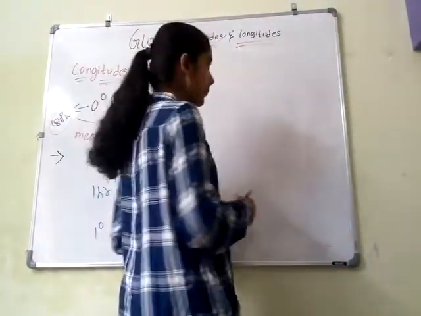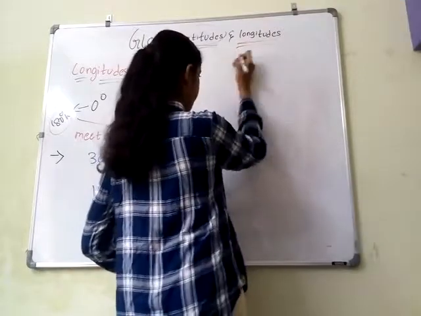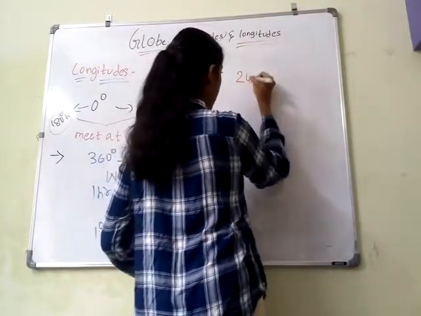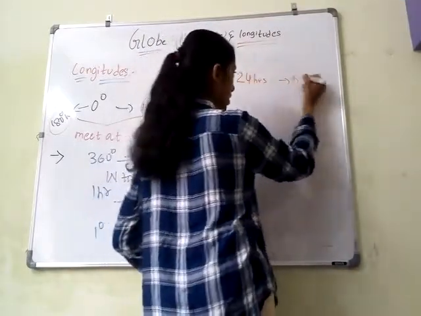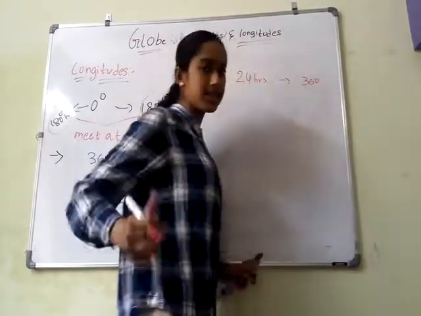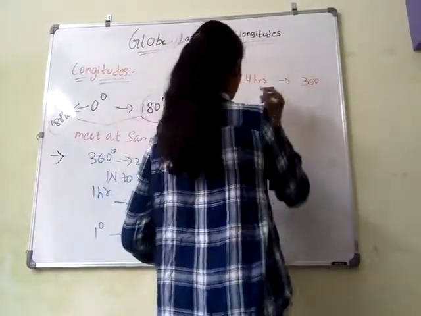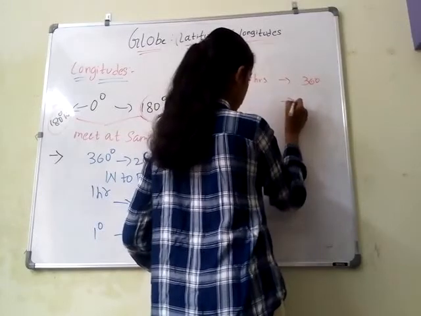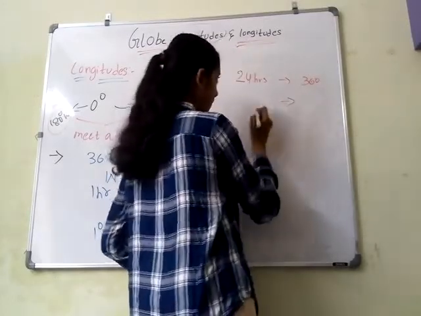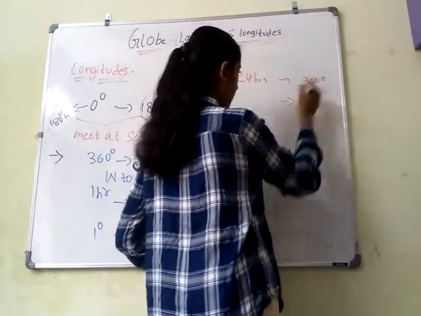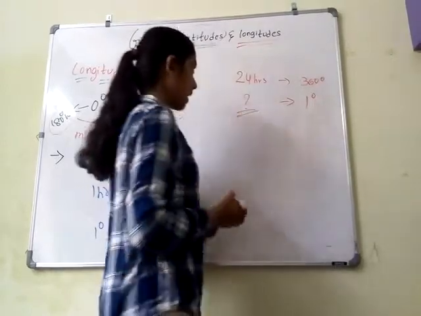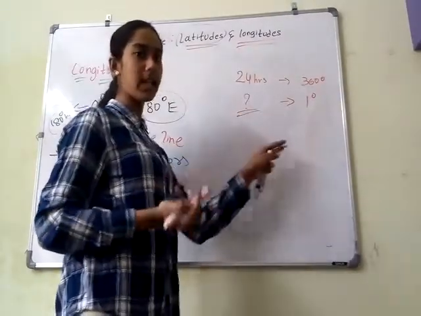Now see here, 24 hours is 360 degrees, right? Then for 1 degree, how many hours? So for 1 degree, how many hours?